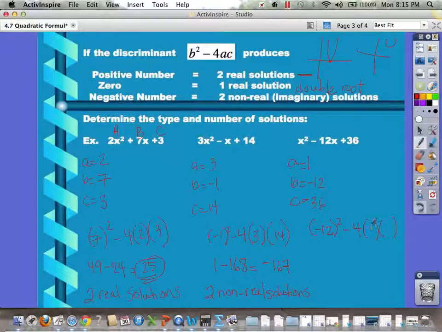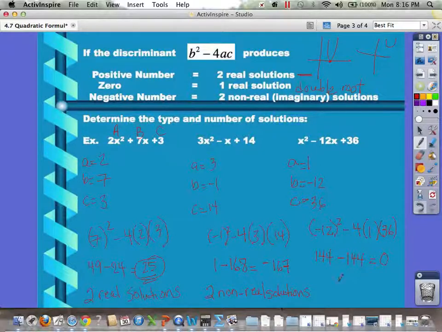A is 1, C is 36. All right, so negative 12 squared makes 144 minus, and then negative 4 times 1 is negative 4. Negative 4 times 36 is 144, which makes 0.